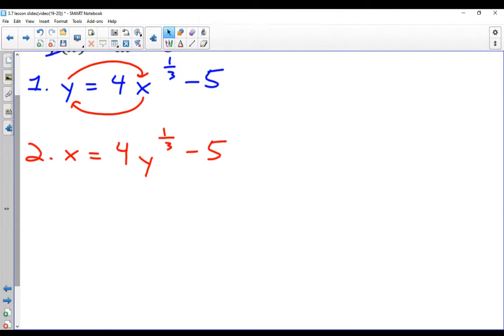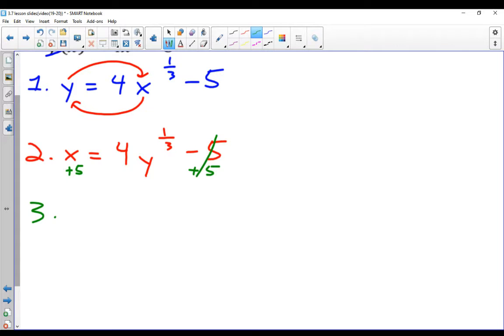And now, step 3, we got to start solving. Now, some of you are probably looking at that power of 1/3 and thinking, how am I going to take care of that? Well, don't worry, I will show you, but not yet. Right now, let's take care of the stuff that's easier to take care of. For example, it is so much easier to take care of the plus 5 right now.